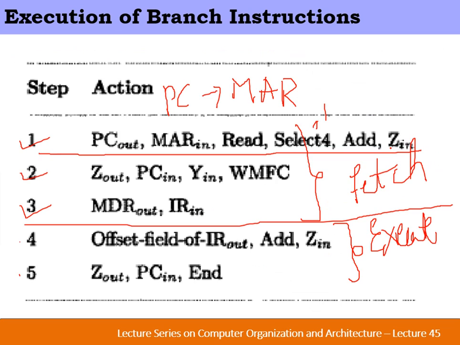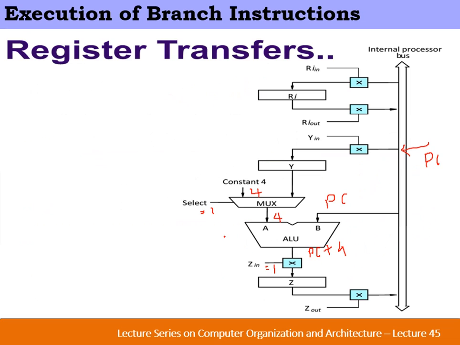This happens in step number 1: making Z in equal to 1 by enabling the add control signal. When we make the add control signal equal to 1, PC plus 4 gets updated and is ultimately stored in the Z register.